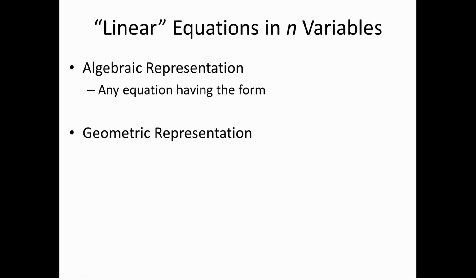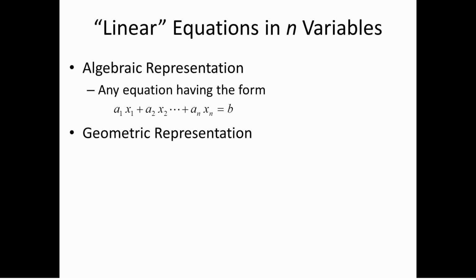So we say that any equation that has the following form, where x1 through xn are considered variables and a1 through an are typically going to be real numbers along with b, this is what we're going to call a linear equation in n variables.